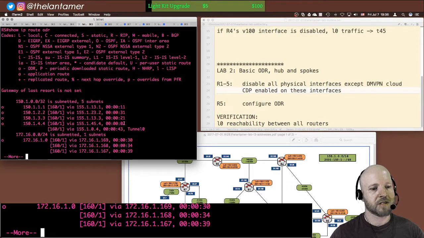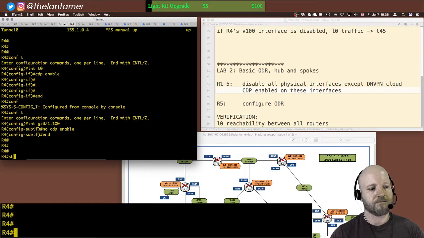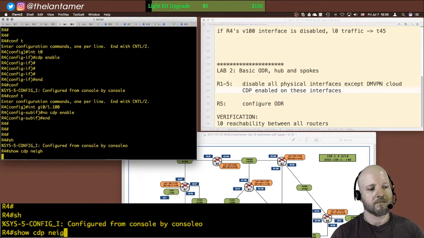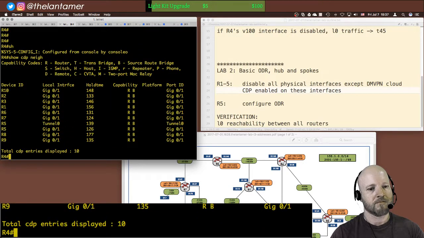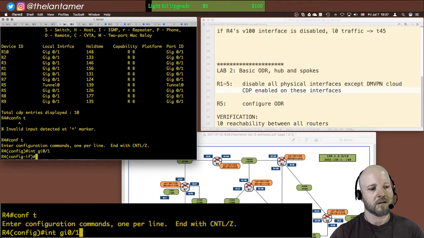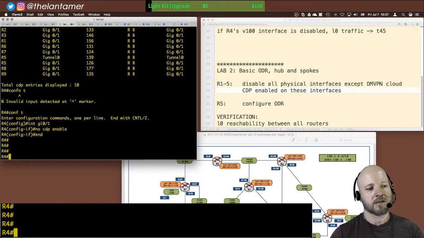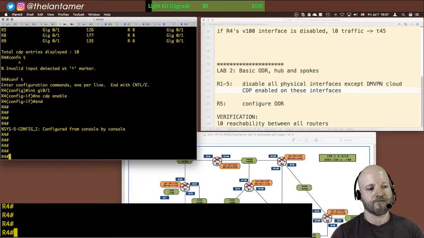Okay, so it still received a new one. Port ID GI01. This is learned via tunnel 0, so do we need to shut it down? No, CDP enable. It's because of this virtual topology.